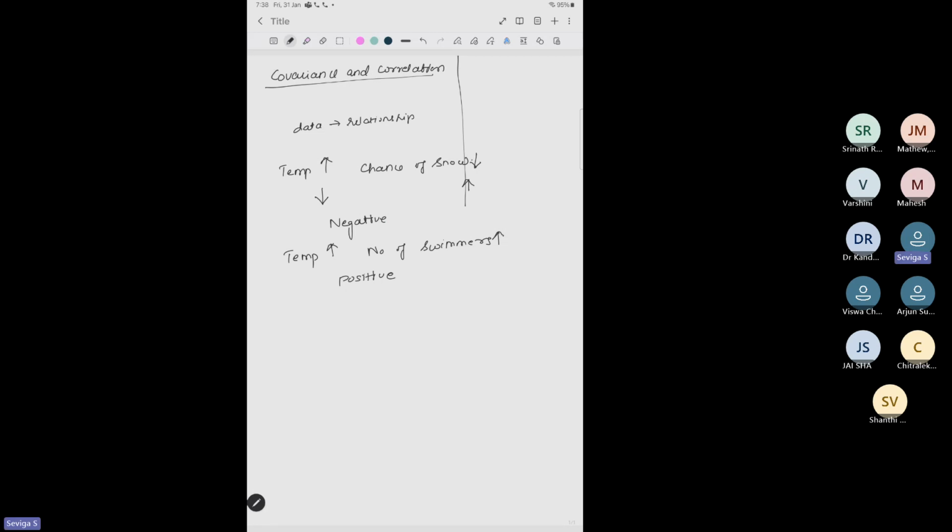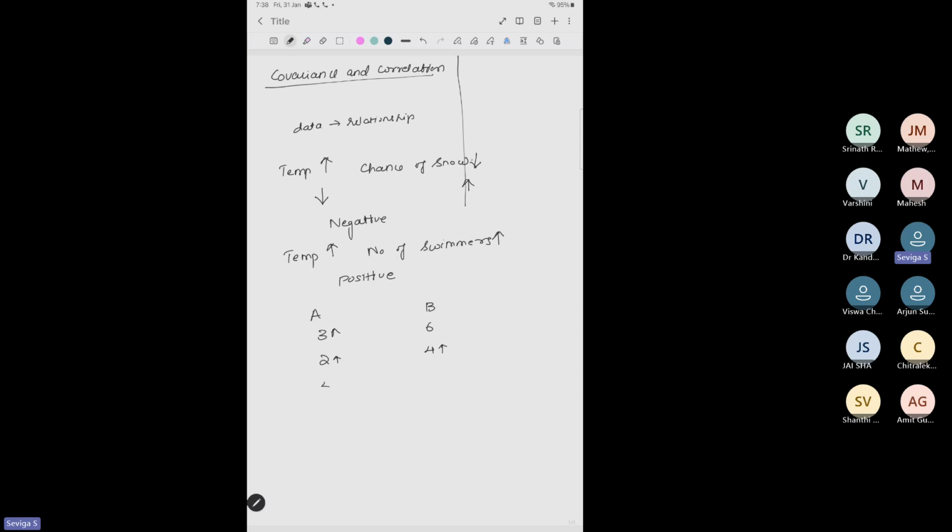So covariance means when two variables have a specific pattern, whether they increase or decrease by a fixed multiple of amount, we call that they are covarying. For example, you have a variable A and you have another variable B. If A increases by 3, B will increase by 6. If A goes up by 2, B will go up by 4.